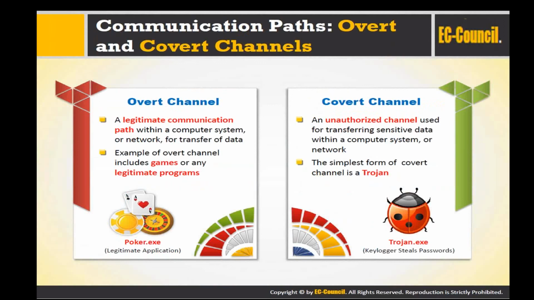Overt channel is a legitimate communication path, which is used by legitimate programs. For example, poker.exe. You might like to play poker, you download it, you play it, you're at risk. But there is also something called covert channel, which is the unauthorized channel, which is used by Trojans. And please watch my demo, which I'm going to upload very shortly. I'm showing you how you can find Trojans and viruses in your computer.